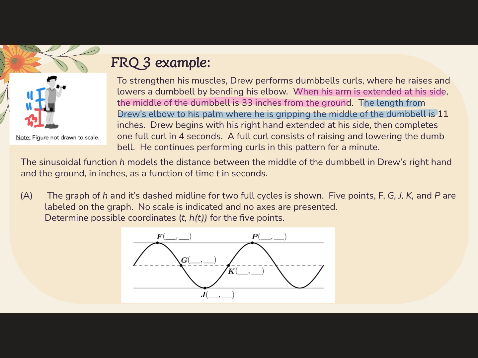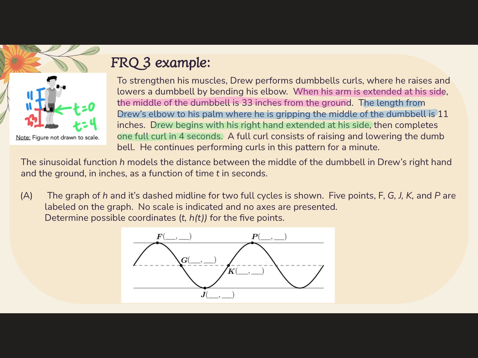It also says that at time 0, he's beginning with his hand extended at his side, and it takes 4 seconds for one curl. So at the bottom would be time 0 and also time 4.